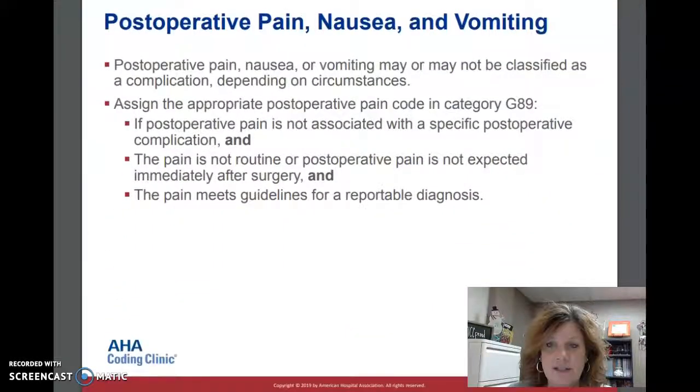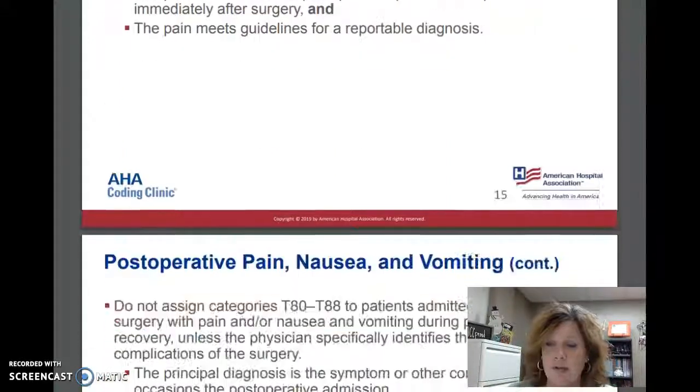Postoperative pain, nausea, and vomiting can be a complication, but a lot of times this is just a general effect of the surgery itself. So again, postoperative pain is not routine, or is expected immediately after surgery. You kind of have to look to see what the doctor is stating, if it's specific or not, whether we're going to code those postoperative pain codes.